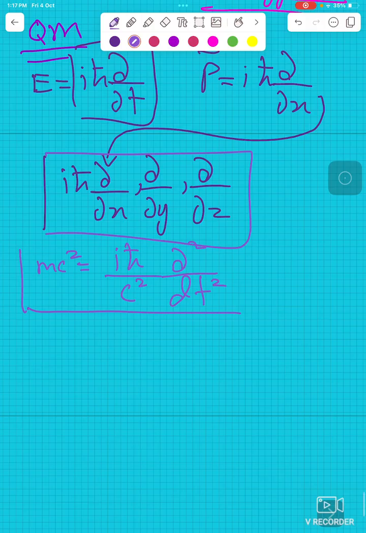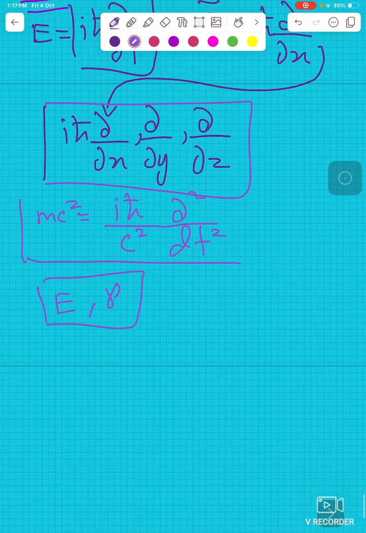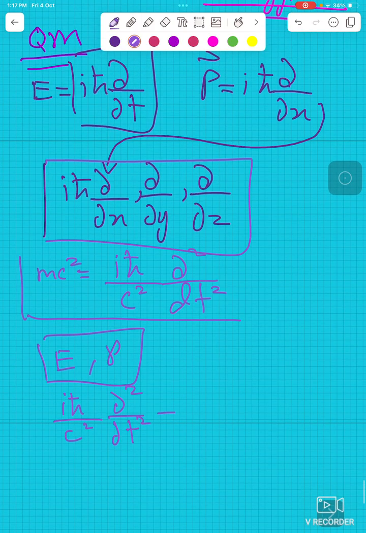Okay, so then when we combine the energy and momentum operators, we should get i h bar over c square d square over dt square minus this one.